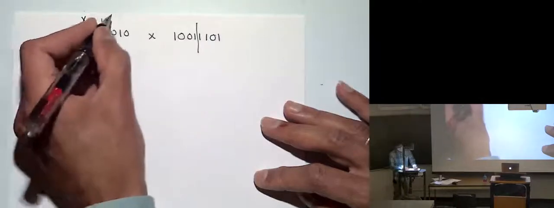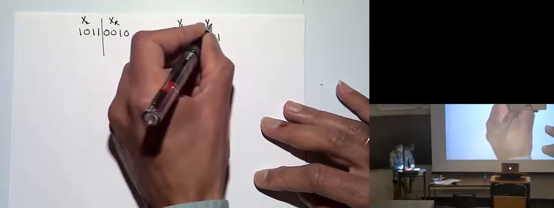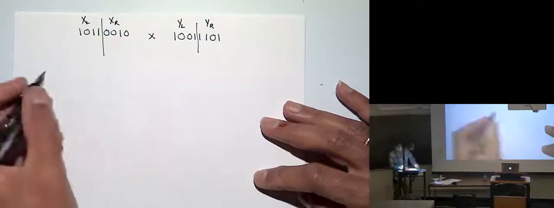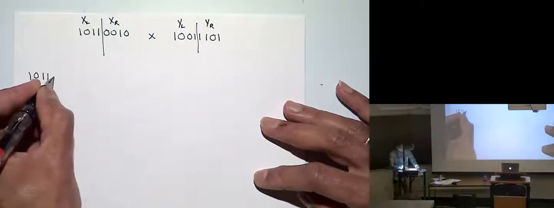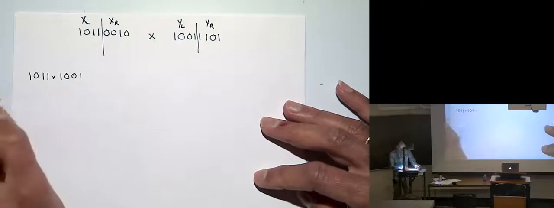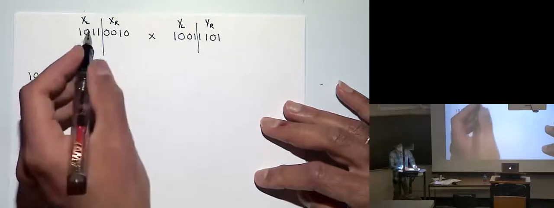This is XL, this is XR, this is YL, this is YR. So what we're going to do is we'll multiply 1011 times 1001. Right? That's XL YL.